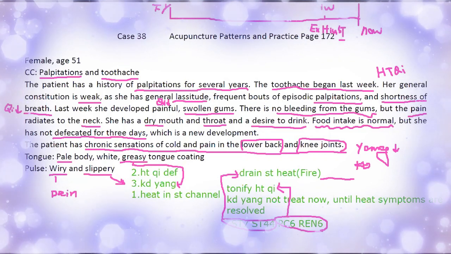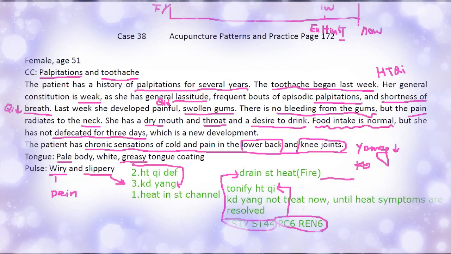Heart 5 will be more indicated for heart palpitation. So basically, we think about what caused the palpitation. The heart and the pericardium both work for the heart. We can pick points from the heart channel, and we can pick points on the pericardium channel.